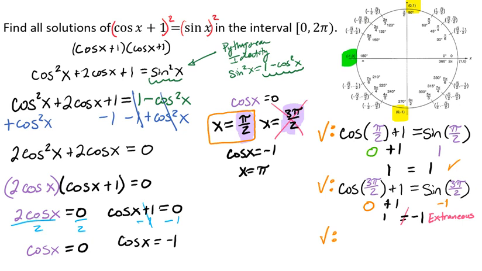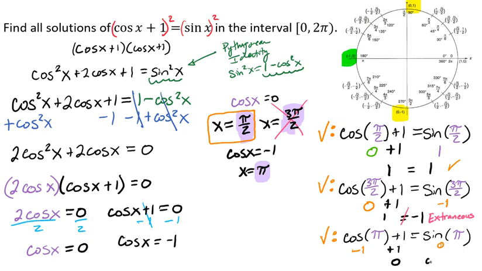So now let's check our pi. Let's go ahead and plug that in. We go to our unit circle to pi, and the cosine, our x value, is negative 1. So we have negative 1 plus 1, which is 0. And then we go to the y value at pi, which is 0.